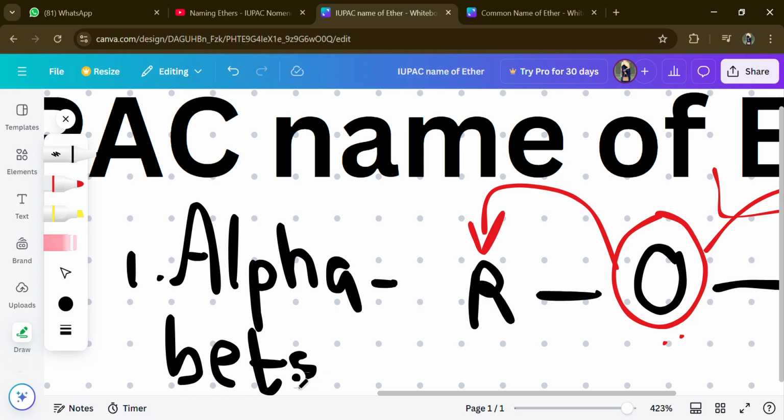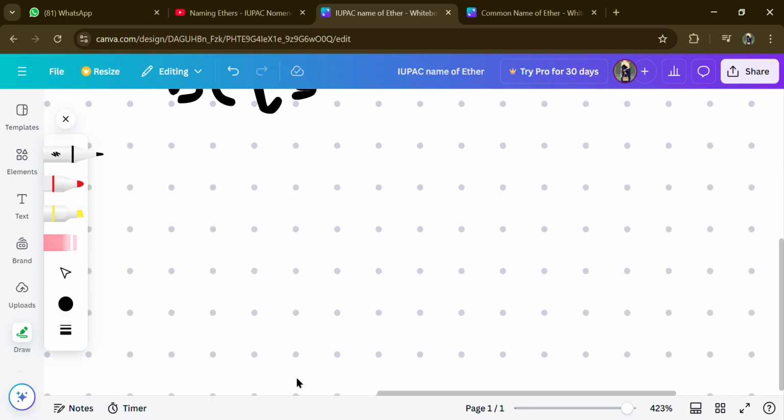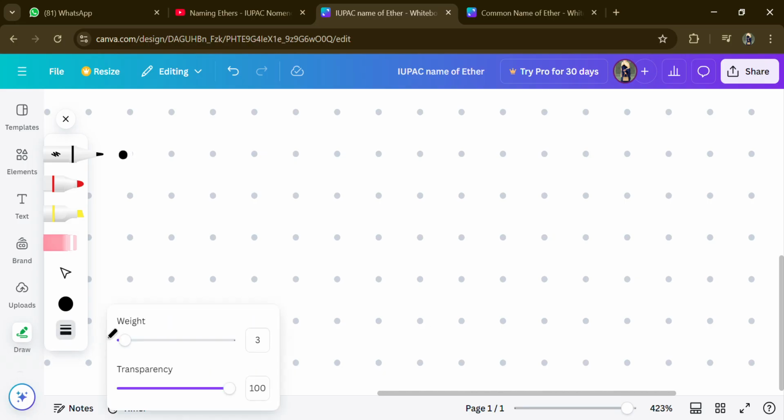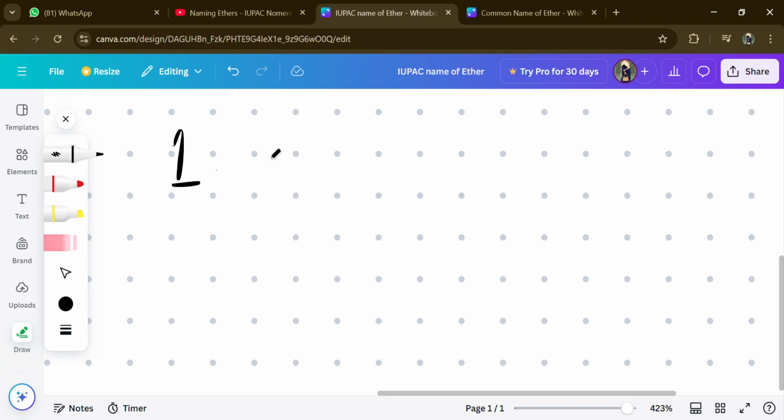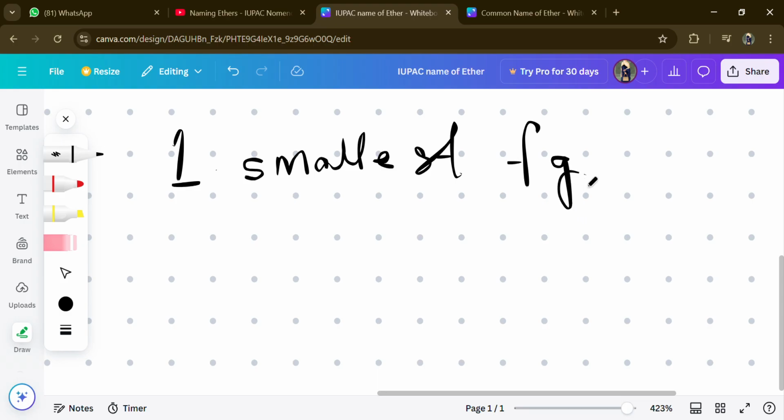It's for the common name. But when you're talking about the IUPAC name, what you need to first focus on is the smallest functional group, FG.